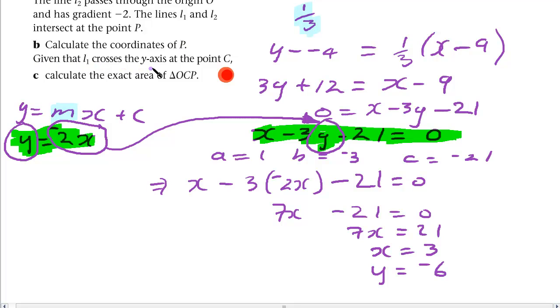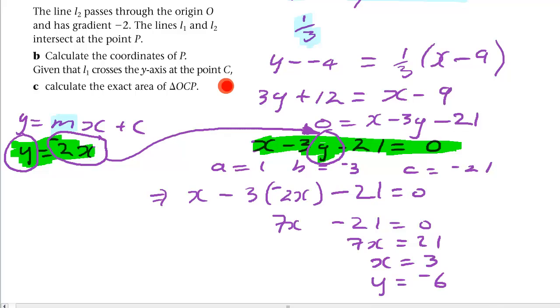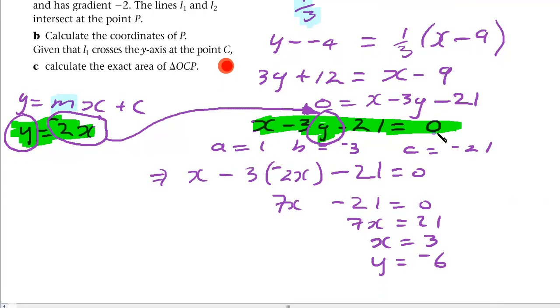Given L1 crosses the y-axis at point C, calculate the exact area of triangle OCP. Well, we know that it crosses the y-axis at point C, so we can rearrange the equation back into y equals mx plus c format and find out where it crosses.